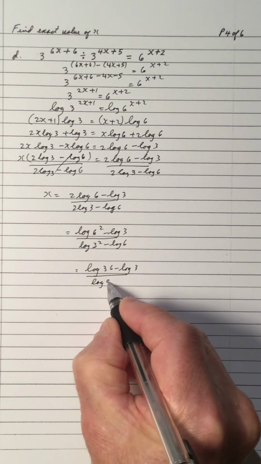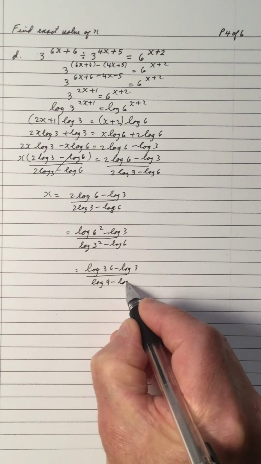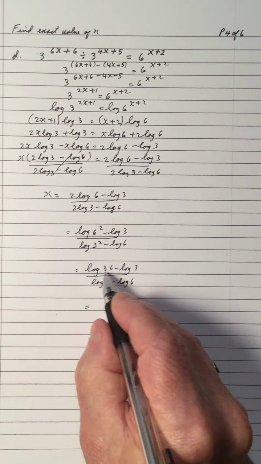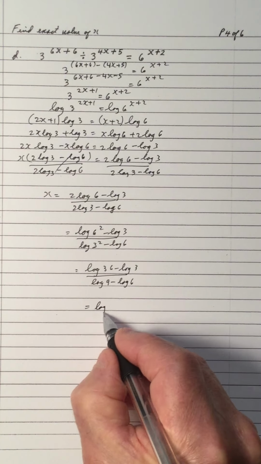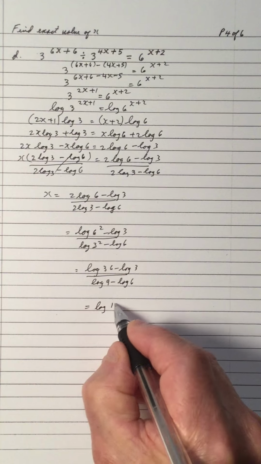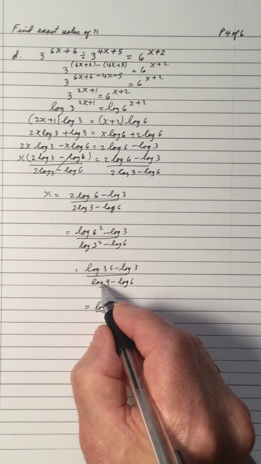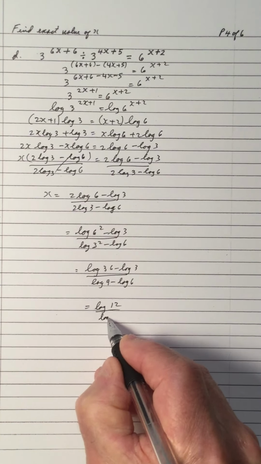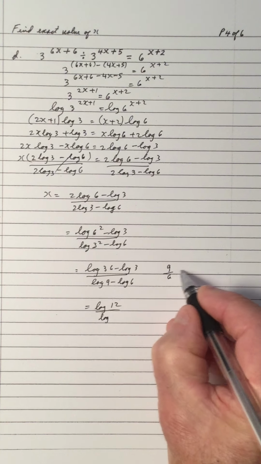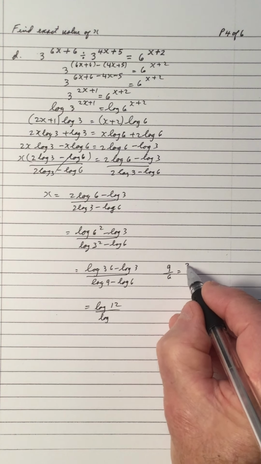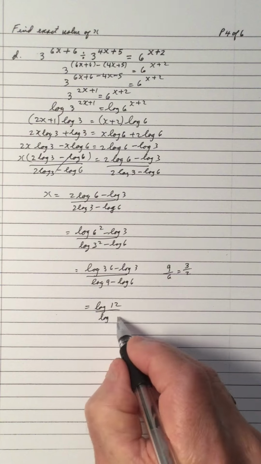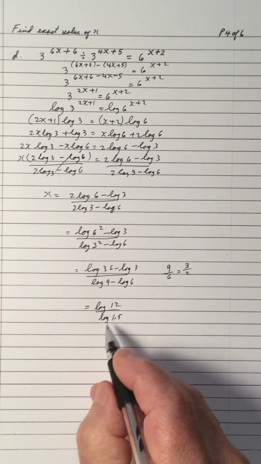That's the log of 9 minus the log of 6. And the subtraction of logs is the log of the quotient, so 36 divided by 3 is 12. And 9 divided by 6, so 9 over 6 is 3 and the 9 goes 3, 3 and the 6 goes 2, so that's 1.5.